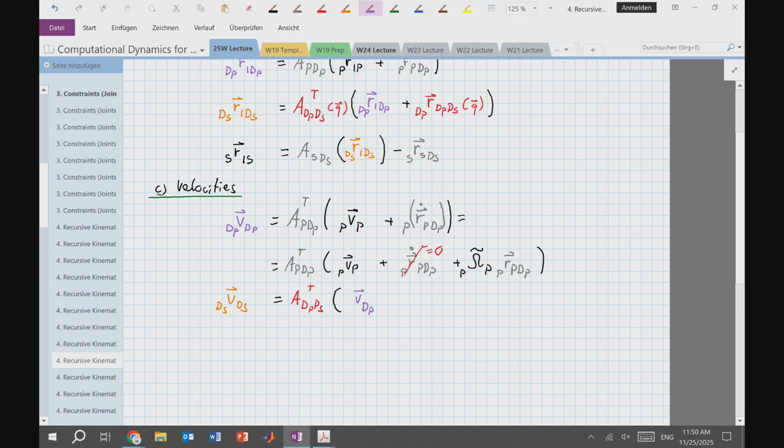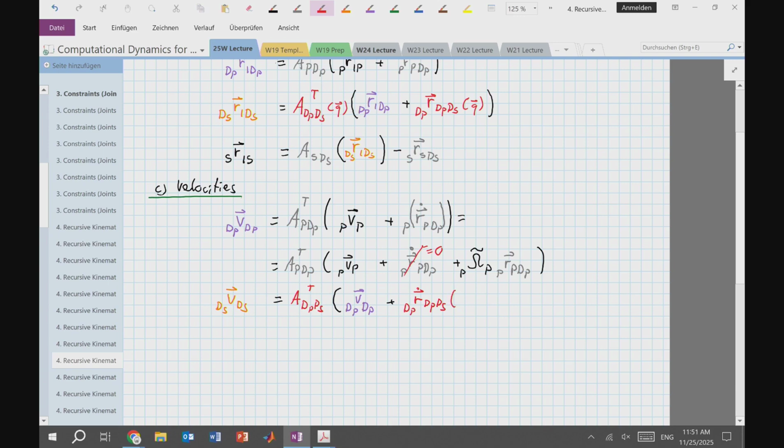Then I have the velocity of the dp origin, which we just computed, plus, and now I have to be a little bit more careful, because I have now r dot dp ds, which is given in dp coordinates. So the numerical derivative of the translation across the joint.